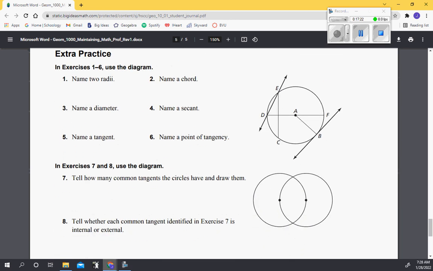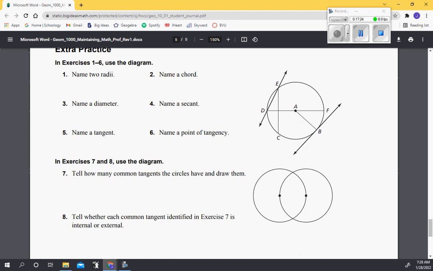Moving on. Let's go to some extra practice. In numbers 1 through 6, we're just naming lines. So number 1, name two radii. Name two different radii. Remember, a radius goes from the center of a circle to a point on the circle.